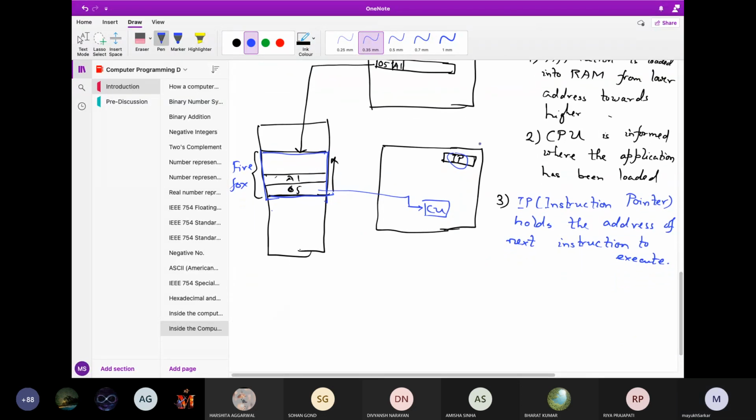Now, several things are here. First of all, let me go a bit deeper. There are three types of buses. In fact, bus means a bunch of wires in simplest terms.